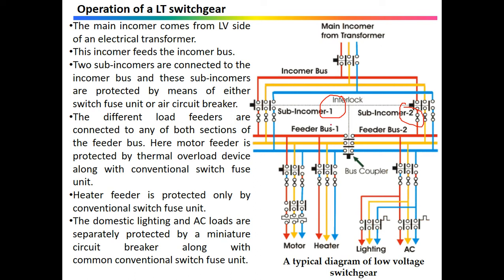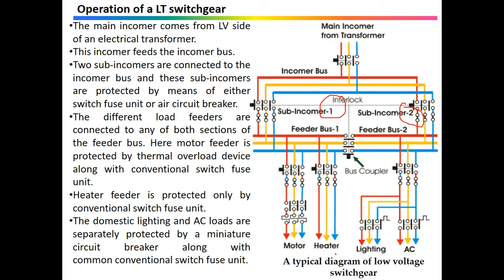Accordingly we have to make adjustments here, and this fruitful arrangement prevents any mismatch of phase sequence between the sub incomers, and the different load feeders are connected to either of the two sections of the feeder bus. Here the motor feeder is protected by a thermal overload device along with the conventional switch fuse unit, the heater feeder is connected by the conventional switch fuse unit, and the domestic lighting and AC loads are separated by MCCB.